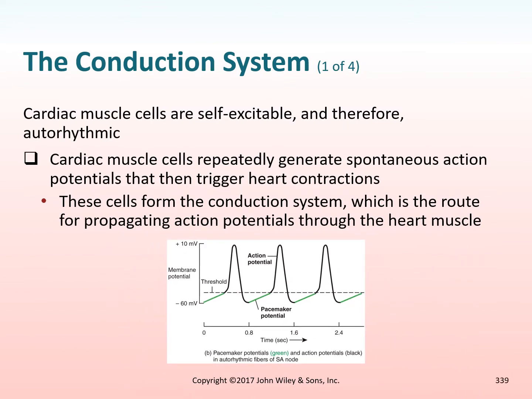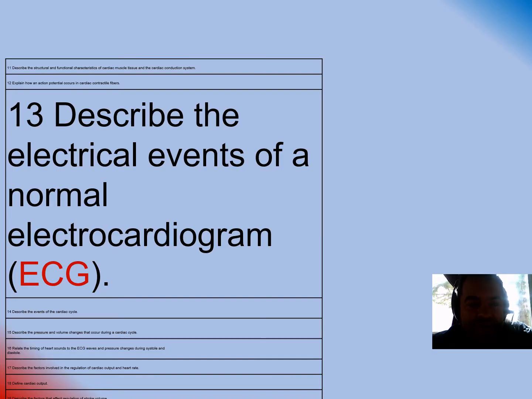And all the details of what happens in my analogy of someone sleeping in their house and the wind howling, I can go over that if you're interested, if it helps you understand it. But basically, that's it. Describe the electrical events of a normal electrocardiogram, or EKG.